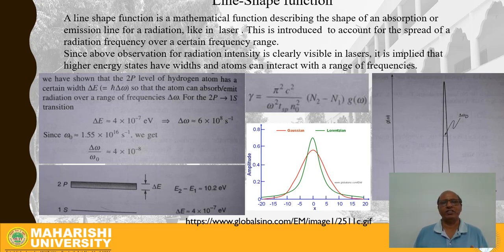Whatever be the emission, for absorption and for emission, there is a particular shape of radiation, and that will be defined by a line shape function. This is introduced to account for the spread of a radiation frequency over a certain frequency range.